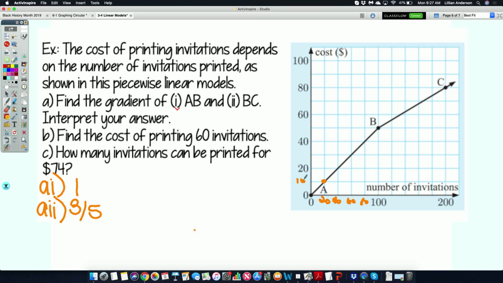A is located where? 0, 0, right? Where's B located? 20, 100, and then 50, okay? So how do you find the gradient? y2 minus y1 over x2 minus x1.